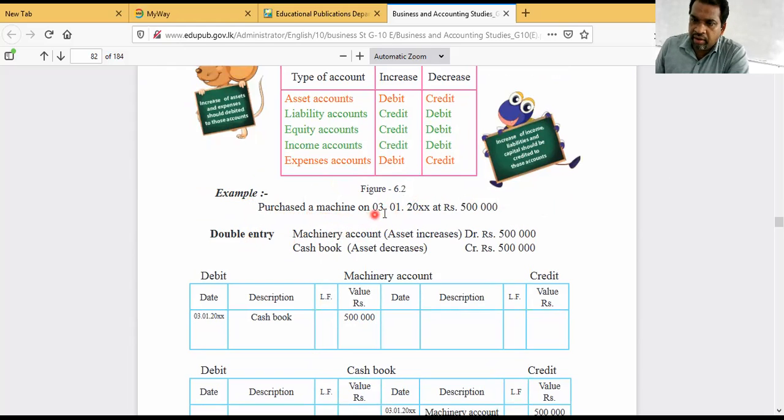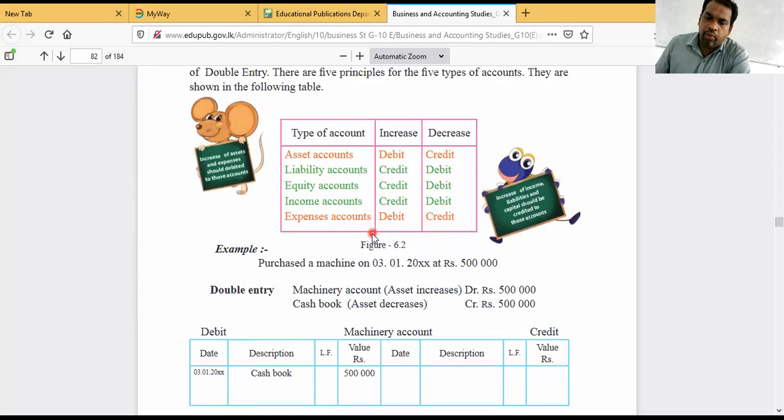Purchased a machine on 3rd January 2020 at rupees 500,000. You know, when the business purchases a machine in cash, there will be a new asset called machine. Therefore, you have to debit to machinery account. Why? Asset increases 500,000. Equally, you have to credit to cash account. Why?